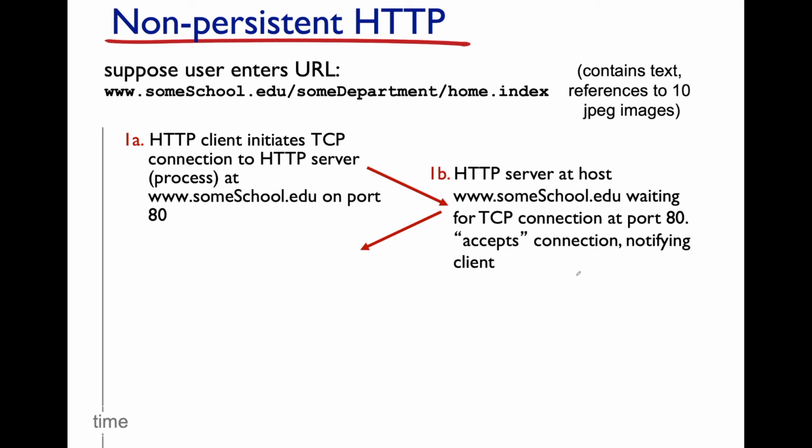And so the server at that machine waits for an incoming connection. It gets that connection request from the client. It accepts that connection, and then it sends back a response on the return trip, and that's the edge going from right to left.